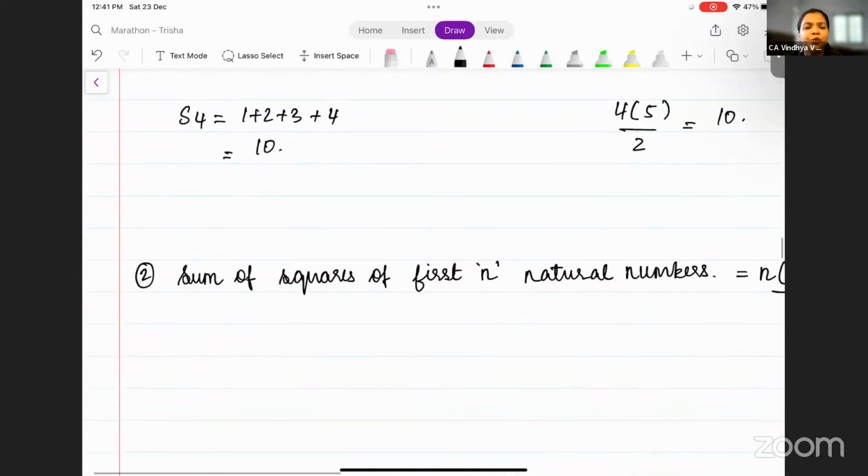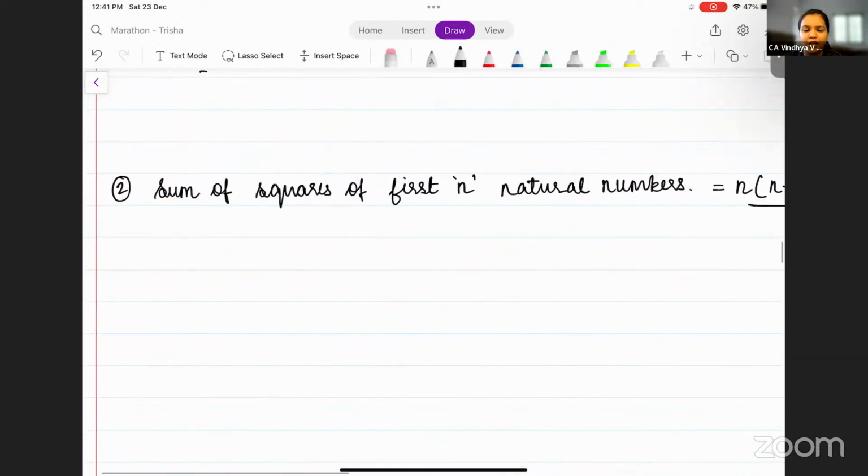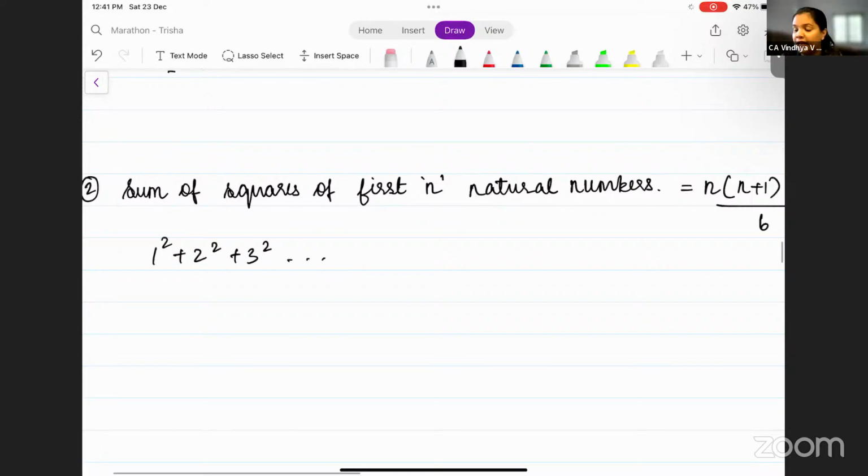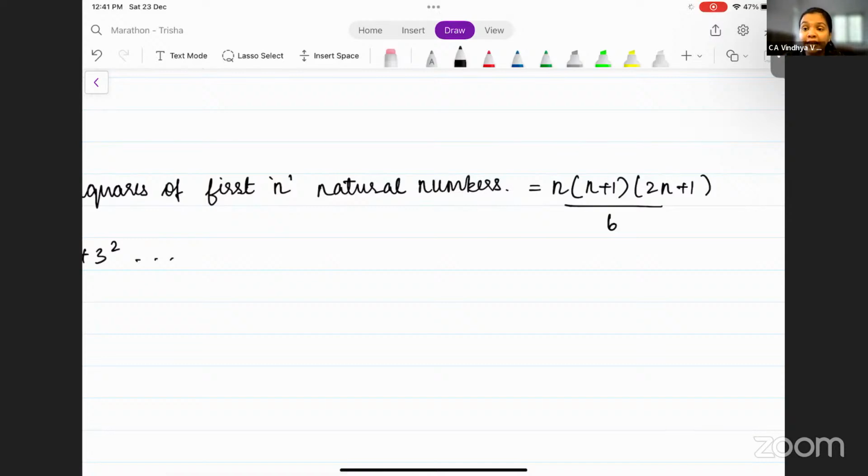Similarly, you have squares of the first 10 natural numbers, which is nothing but 1 square plus 2 square plus 3 square and so on. Depending on how many numbers' squares you have to take, you will consider the value of n. The formula here is n into (n plus 1) into (2n plus 1), whole divided by 6.